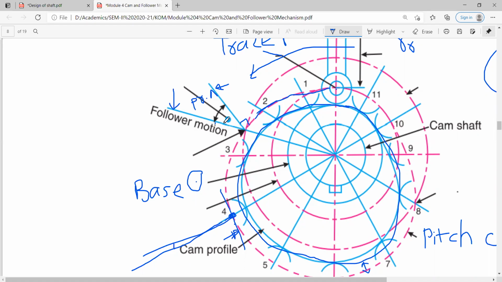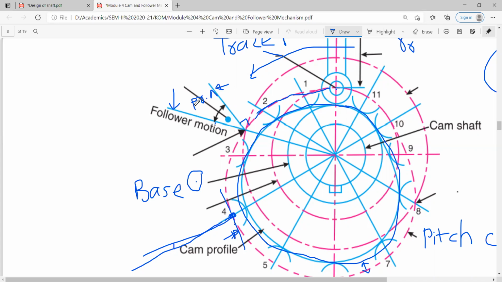Because if this pressure angle is more, the direction of motion is in a different direction and the force applied is in a different direction.